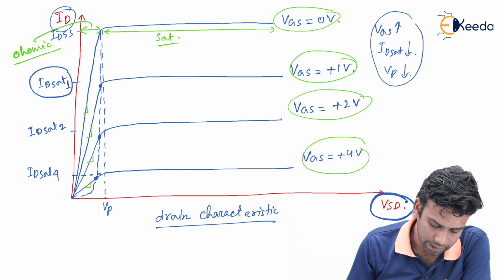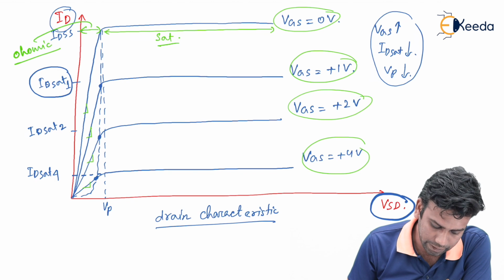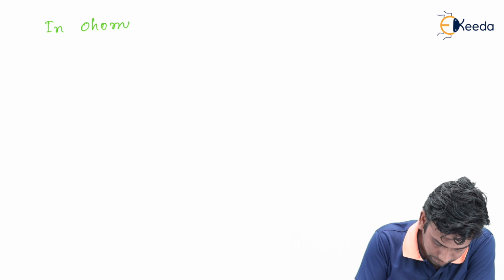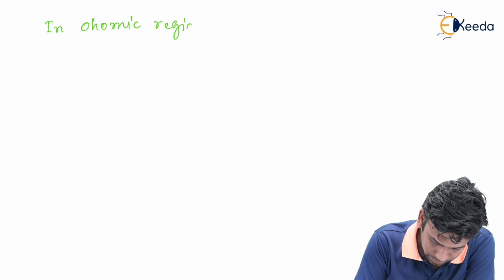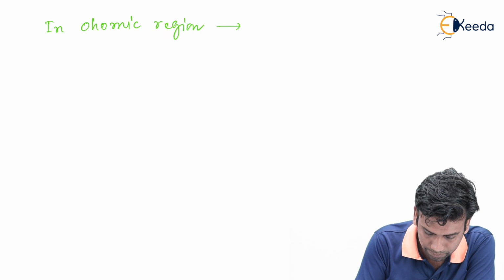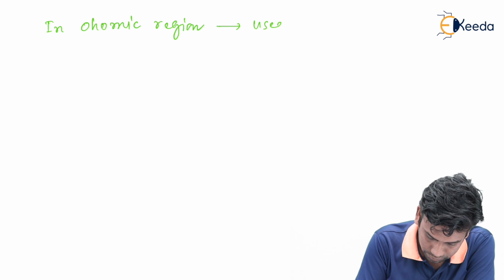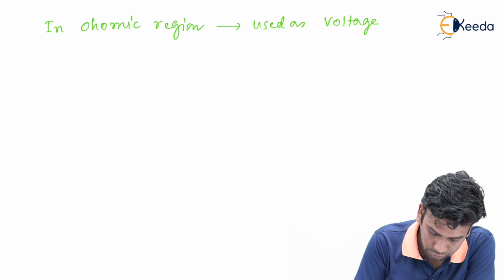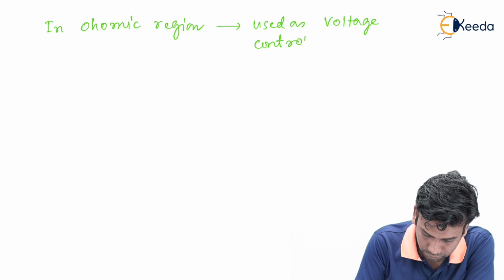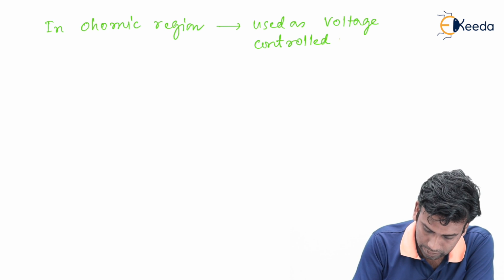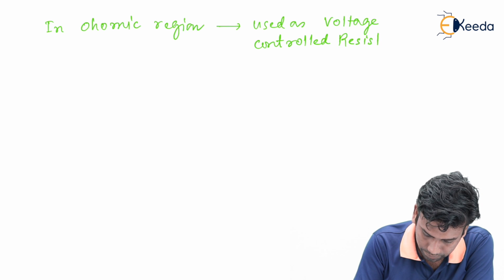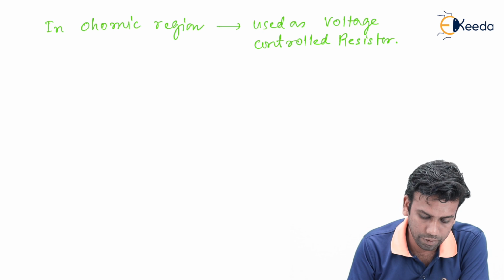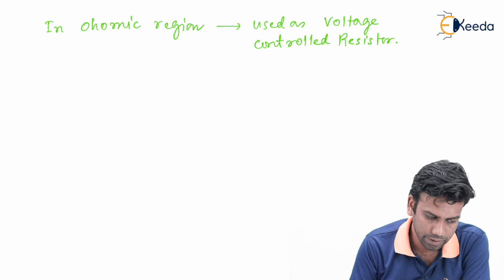So we can say that in the ohmic region, JFET can be used as a voltage controlled resistor, and the value of the resistance depends on the gate to source voltage.